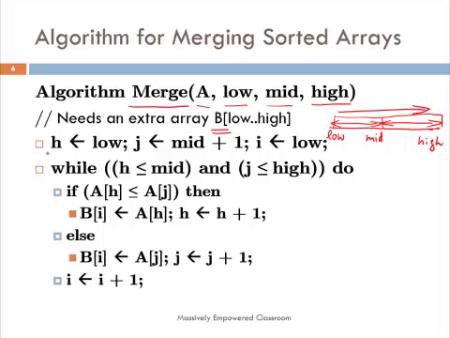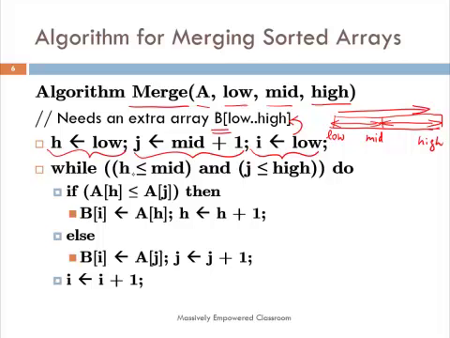So we keep a pointer h pointing to the first part of the array, a pointer j to the second part of the array, and i is going to point to the array B, where we are going to copy the elements.